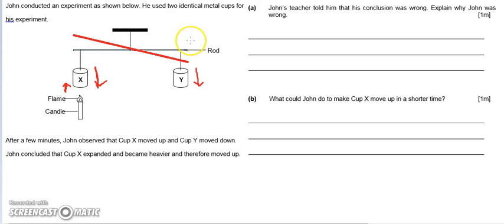Now, what caused this force, according to John, is the expansion of the cup. Now, we know that heat makes matter expand, right? But when heat makes matter expand, the mass of the matter remains the same. We know that heat makes matter expand, right?